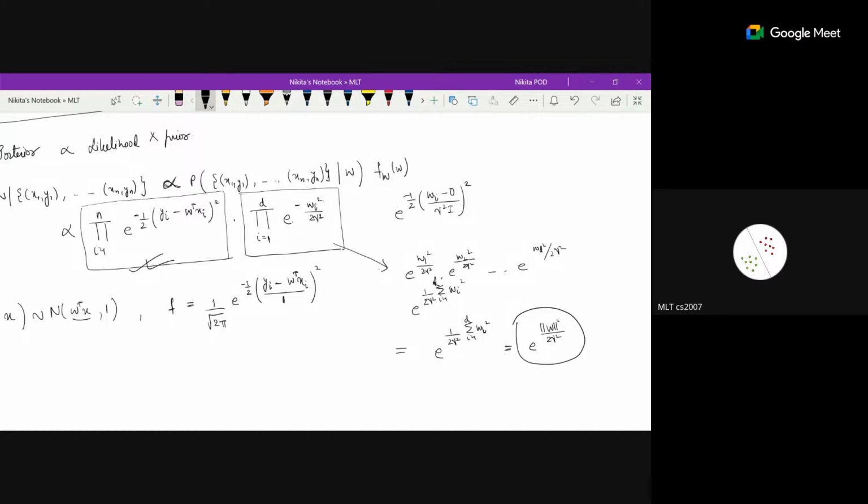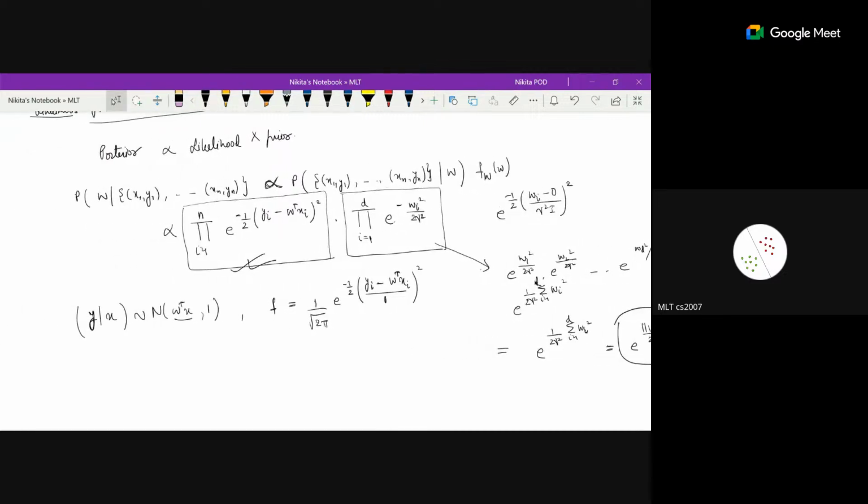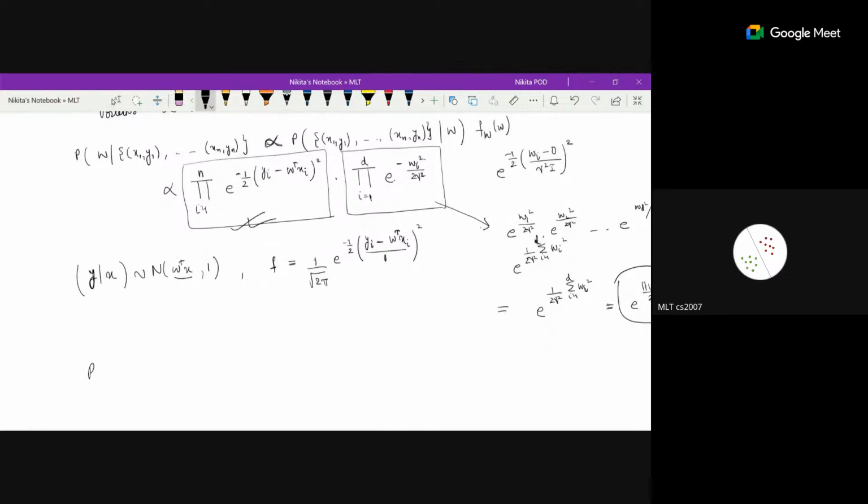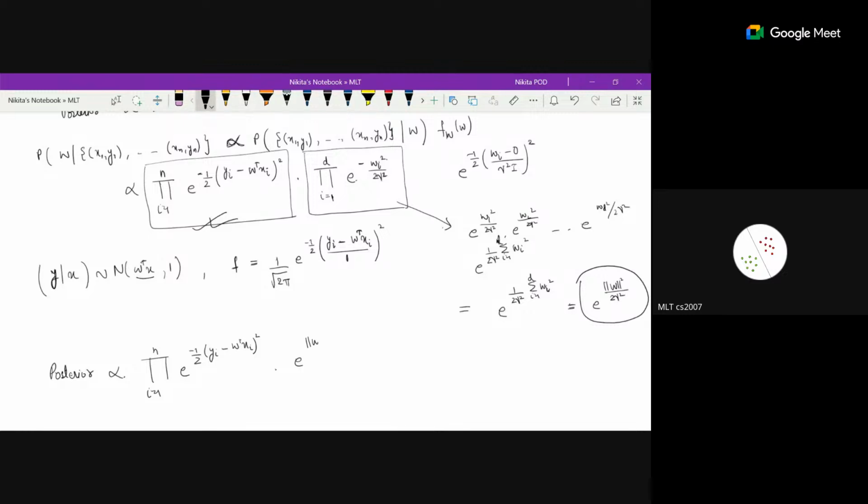Okay, so now what does my posterior look like? My posterior is proportional to the product over i from 1 to n of e to the power minus 1 upon 2 (yi minus w transpose xi) square, times e to the power norm of w square upon 2 gamma square.